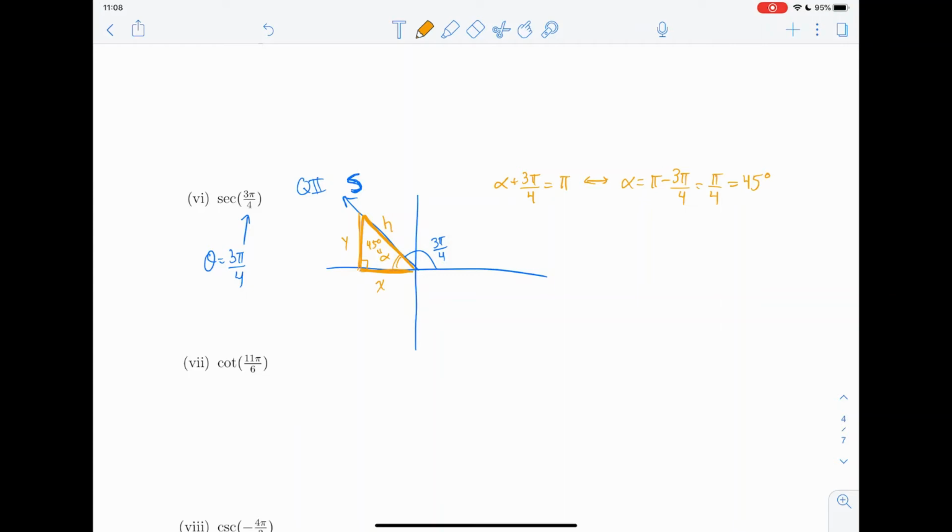As soon as we know that it's a 45, 45, 90 triangle, we can fill in the missing sides. We know that the base has to be a 1, the height is a 1, and the hypotenuse is a square root of 2.